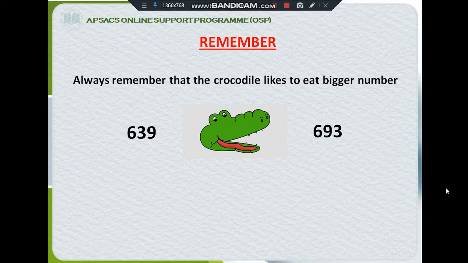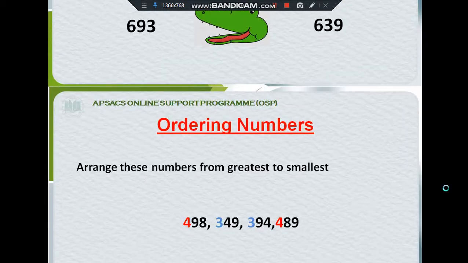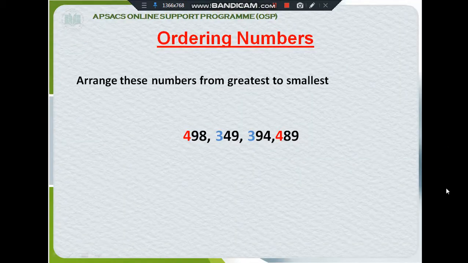But if I change their places, for example, if I write 693 first and 639 afterwards, then at which side will be the face of the crocodile? Exactly, towards the bigger number, and 693 is the bigger number, so the crocodile will eat the bigger number. Do you understand? Good.